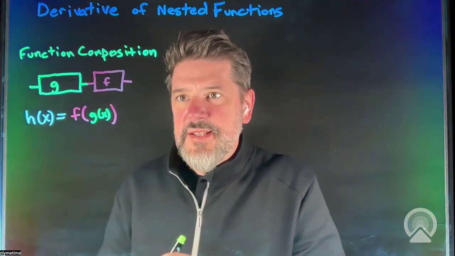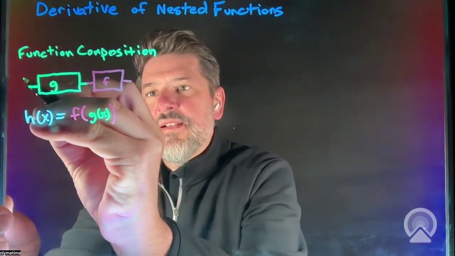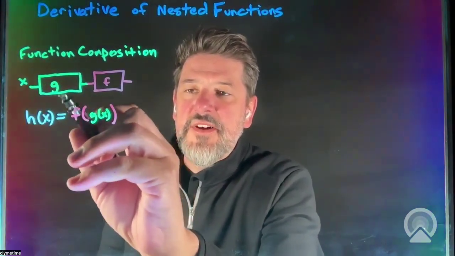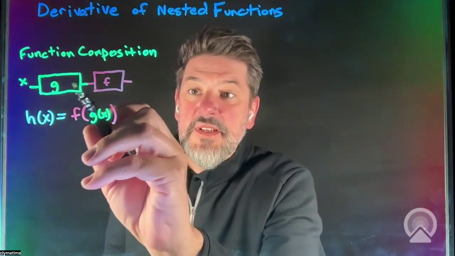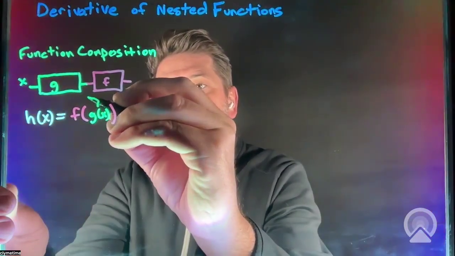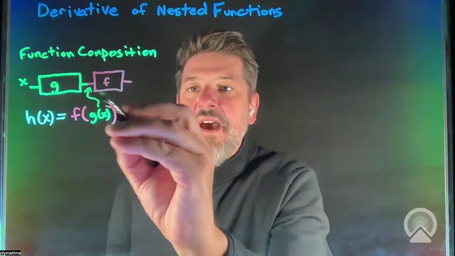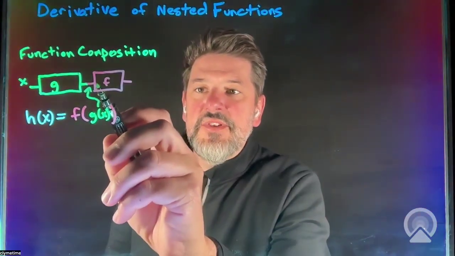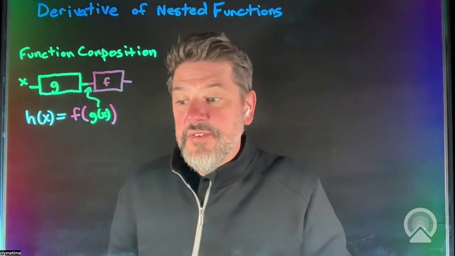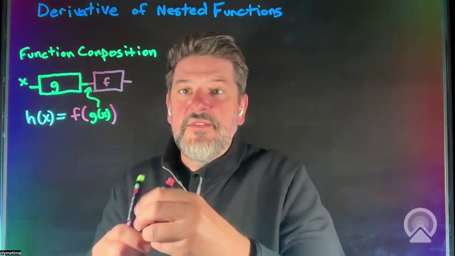What's actually happening is this. We have an input called x, and that x is the input going into the g function. The g function does something to it, and it puts out an output. That output is called g of x, and that's what comes out of the function. And that output, g of x, becomes the input for f. And so what comes out of f is f of g of x.